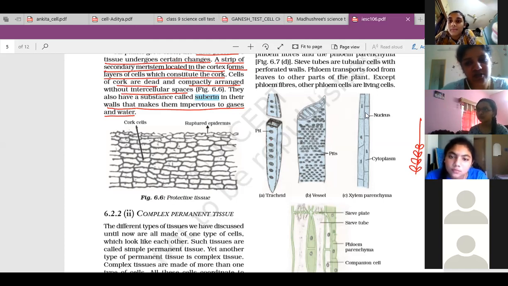Now, what are the functions of the remaining two? That is xylem parenchyma and xylem fibers. These cells need nutrition and a protective covering. Some parts of the vessels are living, and beside that, providing protection, providing nutrition, and absorbing nutrition is performed by parenchyma.